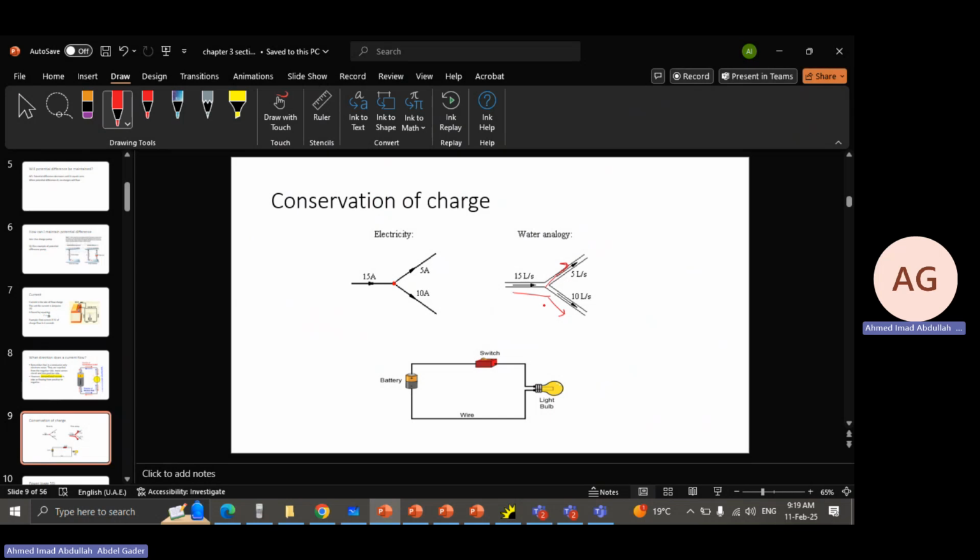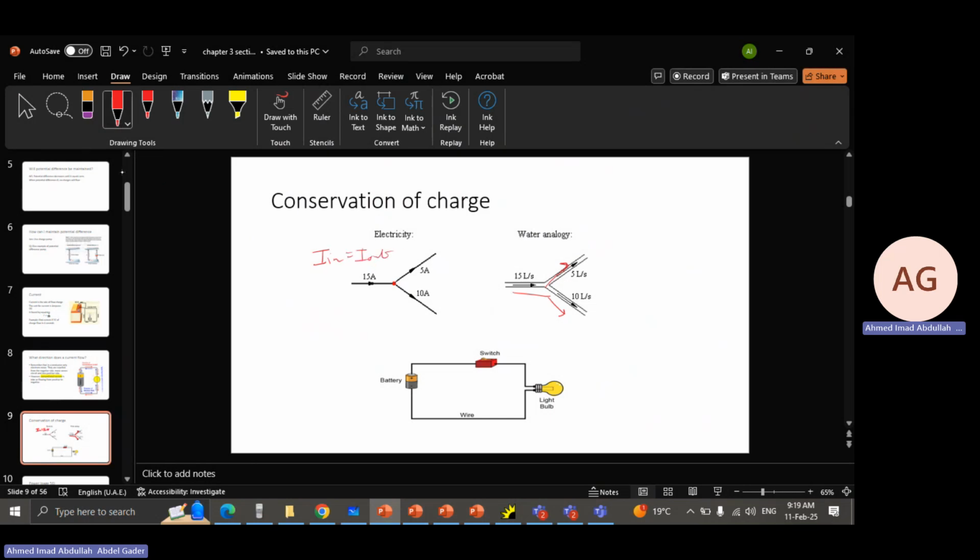The water entering into this junction must equal the water exiting out of the junction. This is also true with electricity. So if we have charges flowing into this junction, then the current in equals the current out.